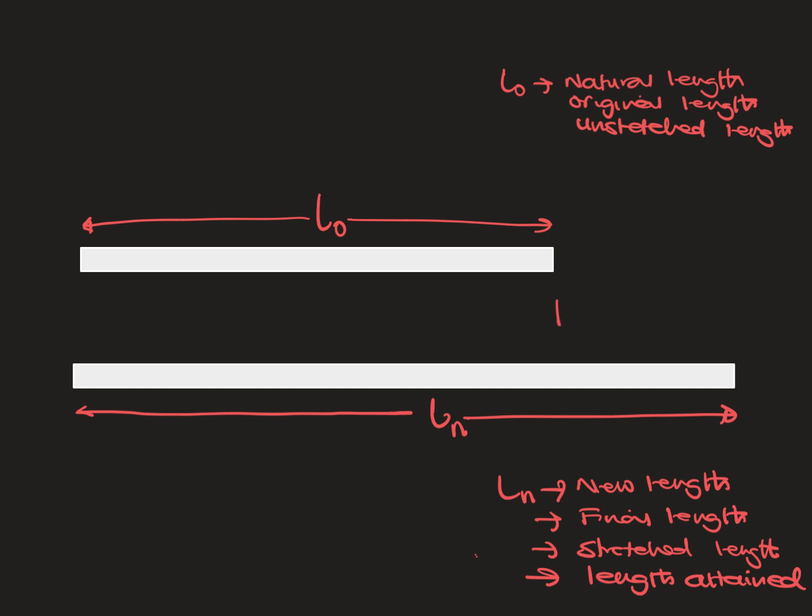It is delta L, which is also known as the extension if the object has been stretched, or the compression if the object has been compressed, making its final length smaller than its original length.